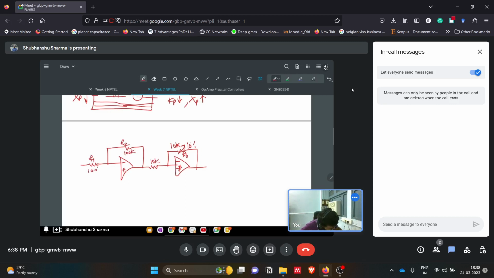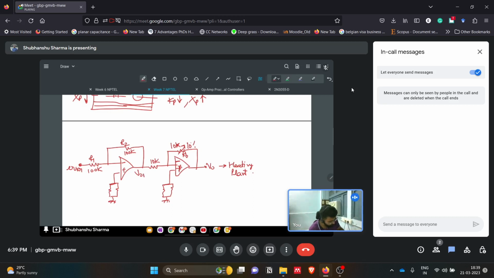This is 100K. Here we have our bias current compensation, and we are giving the error and getting the output from this, which is given to the heating plant. So instead of an on-off controller, we are using a proportional controller here. This is Vo1.